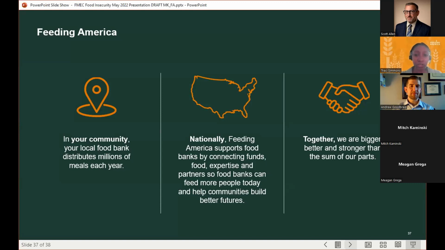And I think in closing, really just that we are bigger, better, and stronger together, and stronger than the sum of our parts. So please make sure you're leaning into the collaboration and integration within community as a way to really leverage the strength and the resources that already exist within the food bank network.